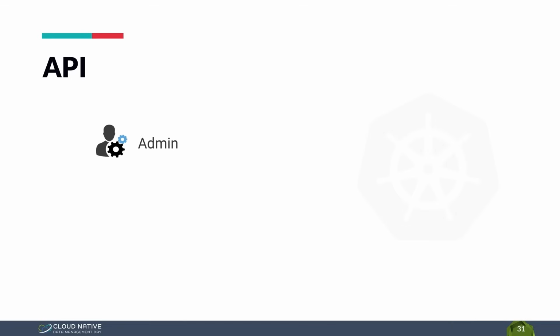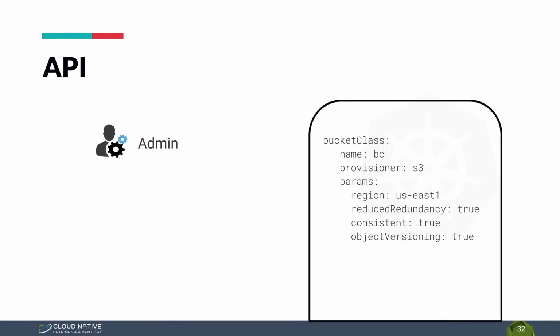The admin, I said, still has a role to play, which is setting broad policies, quotas, and access control. The admin can do that using the class objects that I showed earlier. For instance, a bucket class encodes information about what kind of buckets can be created, what the properties of such buckets are, and what driver is going to make it happen.